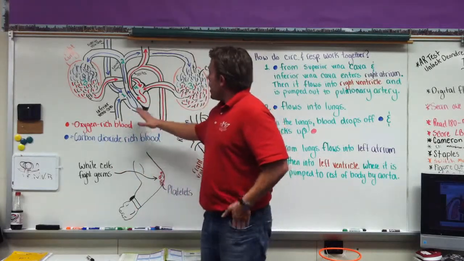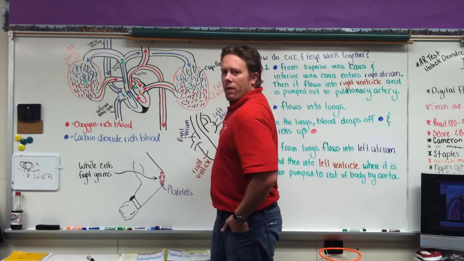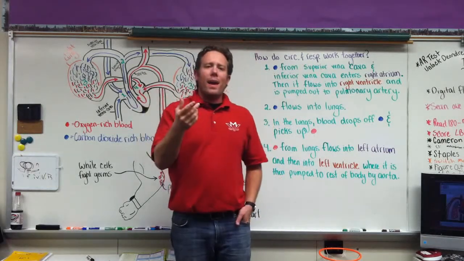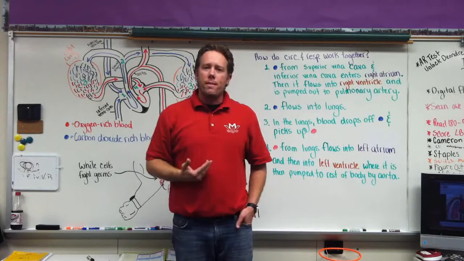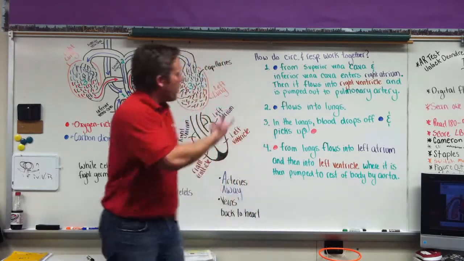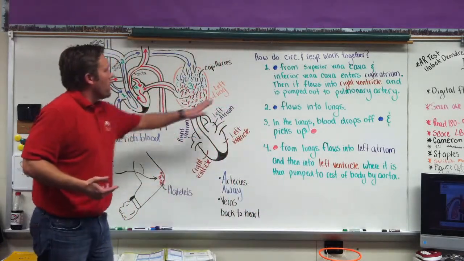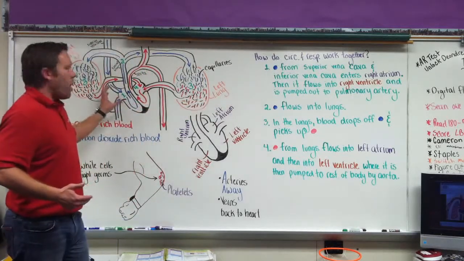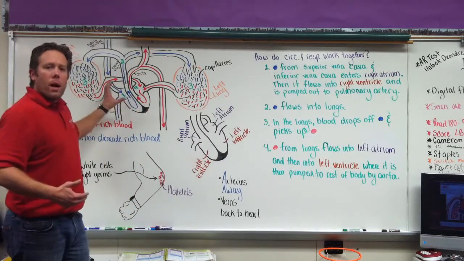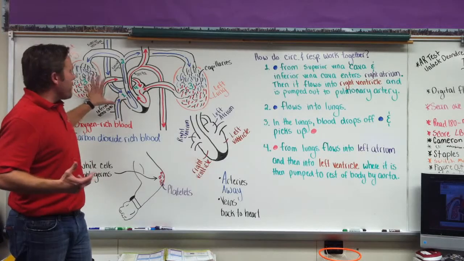Basically, you can follow along right over here if you need a word description of what we're talking about. So from number 1, we have oxygen poor blood coming from the right side.